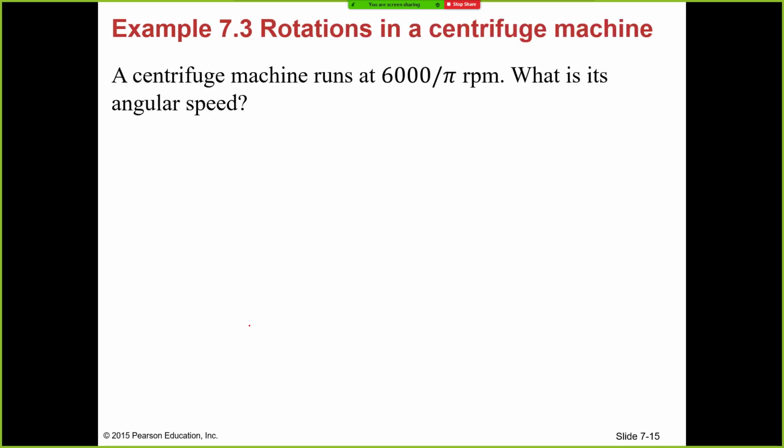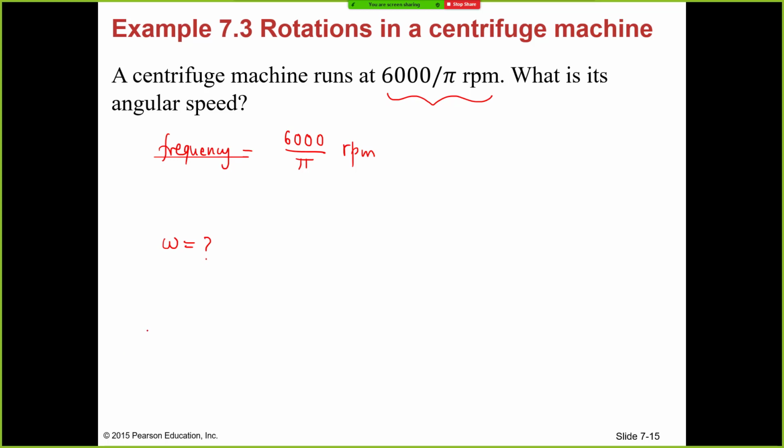Okay, so next thing is we are given RPM, frequency. So revolution per minute or rotations per minute is frequency, 6,000 over pi RPM. With that, we want to find omega.